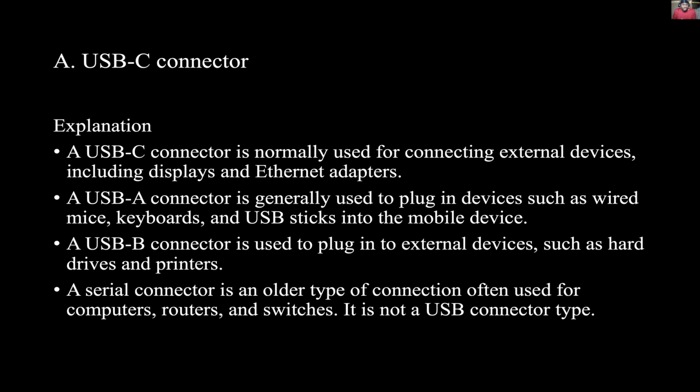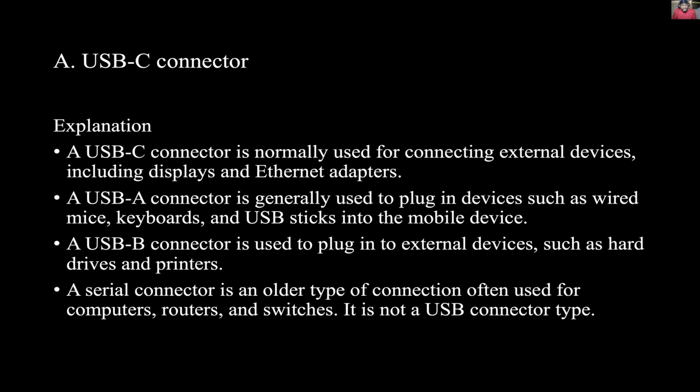Explanation: I was right. A USB-C connector is normally used for connecting external devices, including displays and internet adapters. A USB-A connector is generally used to plug devices such as a wired mouse, keyboard, and USB sticks into the mobile device.